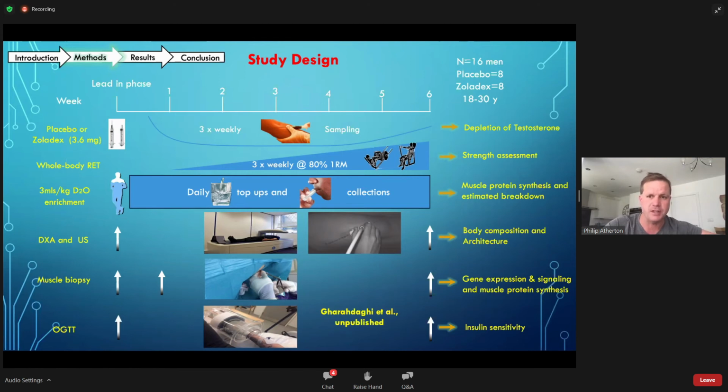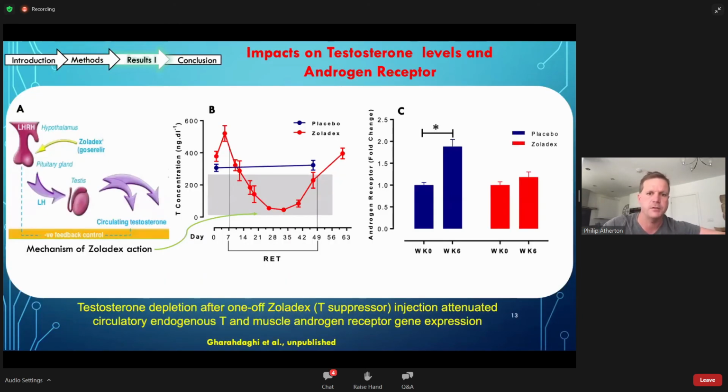This is used, for example, in things like prostate cancers to try and limit any risks of testosterone propagating tumors. The protocol looks much the same otherwise. So I'm going to skip forward: 6 weeks again, whole body exercise, placebo or the drug, which is going to drop testosterone.